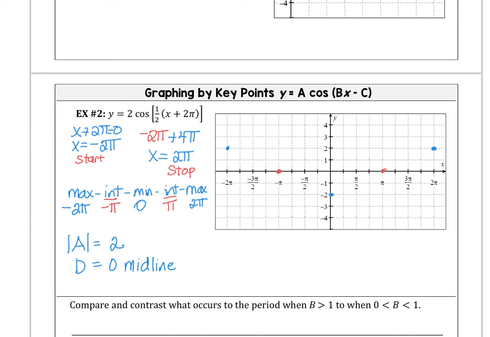And we have one complete cycle: maximum, intercept, minimum, intercept, maximum. So the period of our function is 4 pi to complete one cycle with the 5 key points and an amplitude of 2.